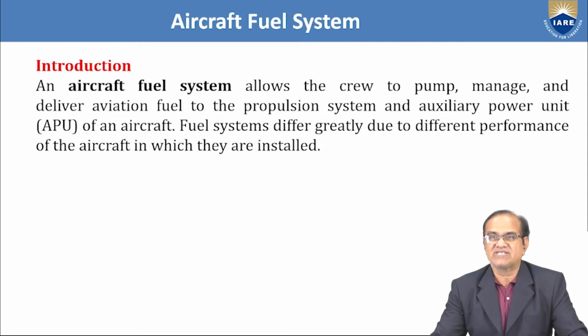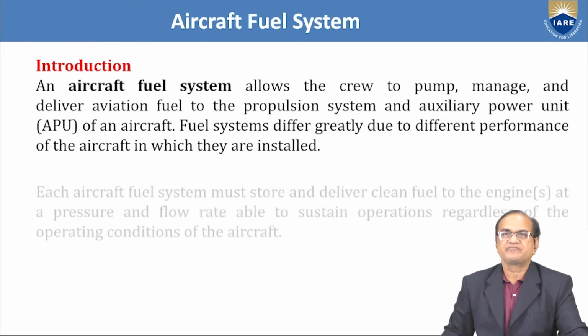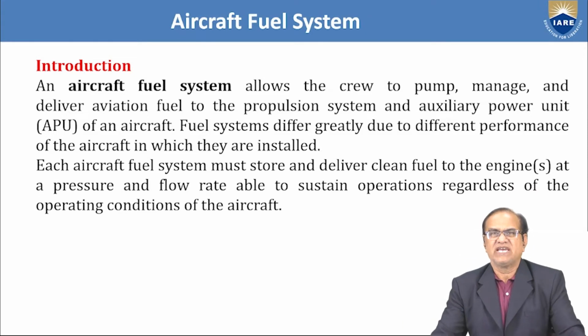Fuel systems differ greatly due to the different performance of the aircraft in which they are installed. Each aircraft fuel system must store and deliver clean fuel to the engine at a pressure and flow rate able to sustain operation regardless of operating conditions.